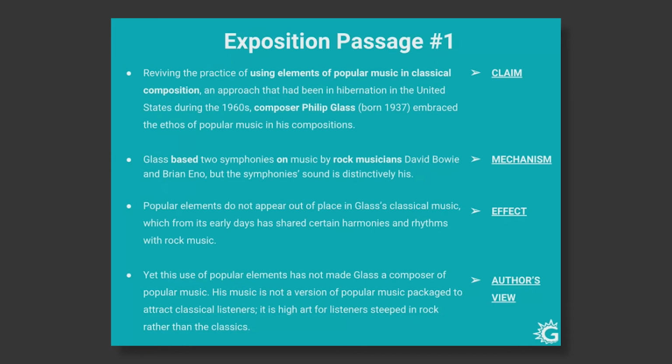You're able to understand how Glass did what he did and what the effect of what he did was. So you've basically got every little nuance of this passage there is to be understood. No matter what question somebody asks, you are going to be 100% sure. And that is the advantage of knowing the structure and the organization of a passage, the type of passage you're reading.